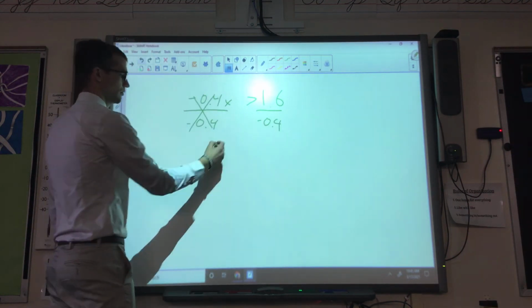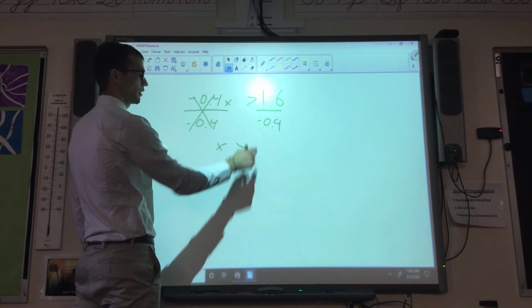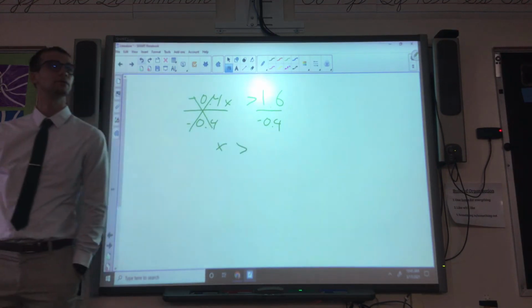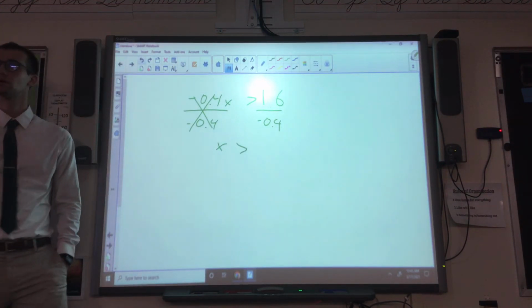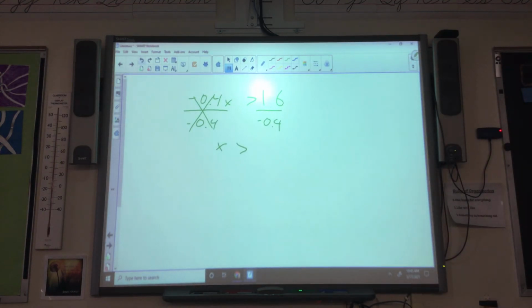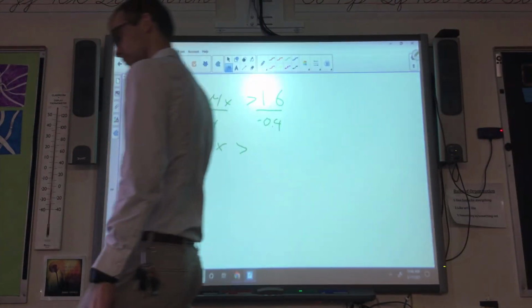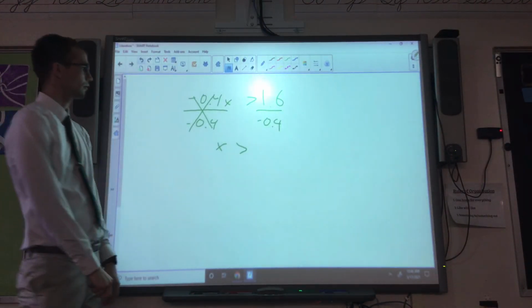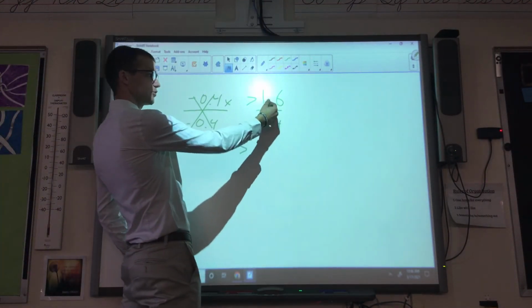I cannot see. X is greater than, what do I do with these? If there are decimals, what do I do with them?